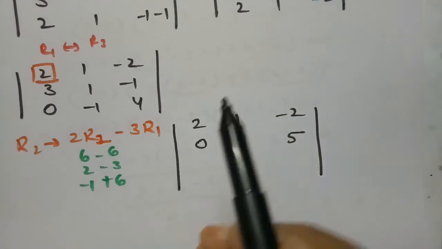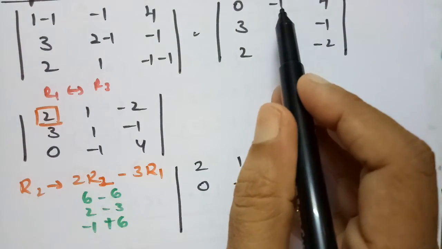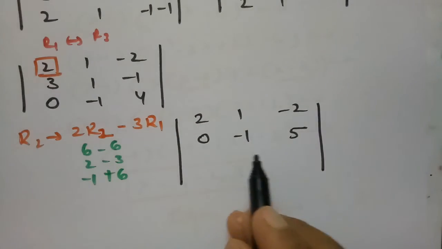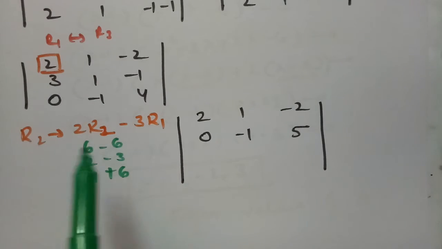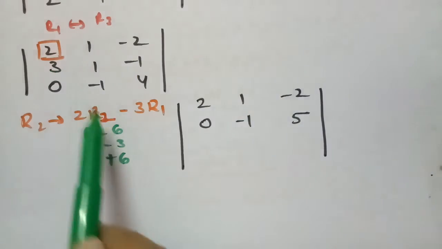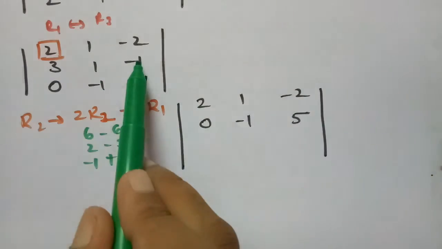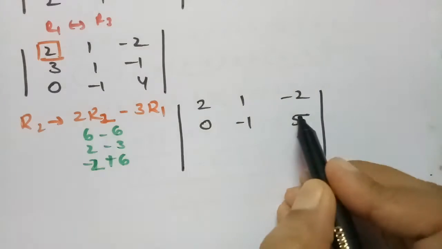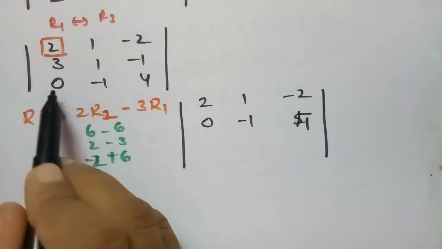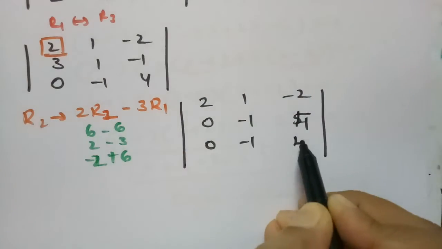If you observe this one, 2 R2, so 2 3 is 6, 2 2 is 2 and this is minus 2, so it will become plus 4. So this is plus 4 and this is as it is 0 minus 1 4.